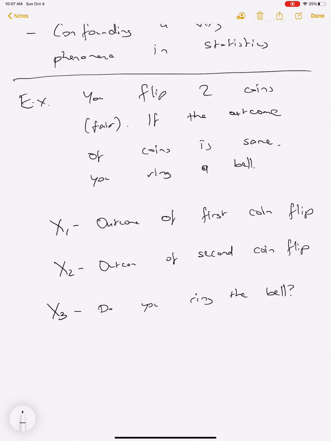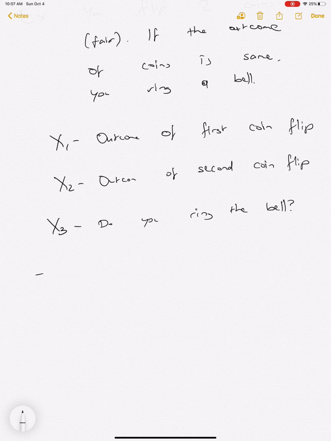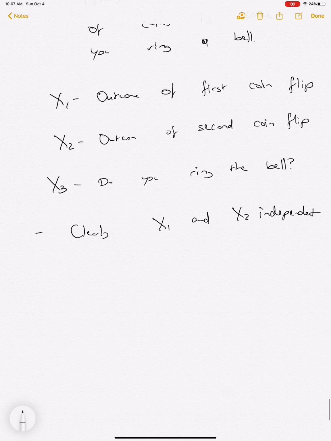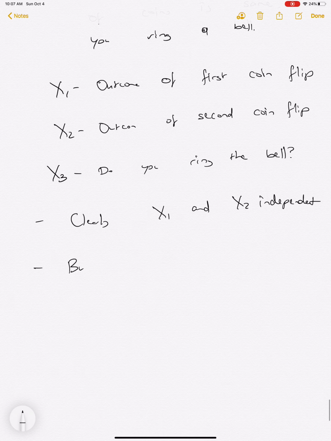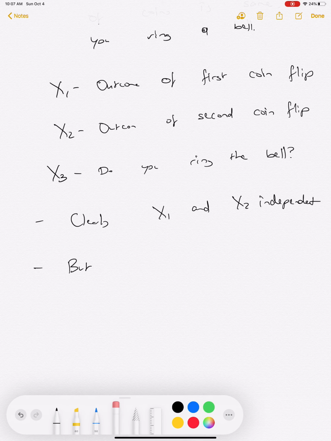Okay. And so note that what happens here is that clearly X1 and X2 are independent. This is kind of a reverse of the previous scenario. So X1 and X2 are independent.